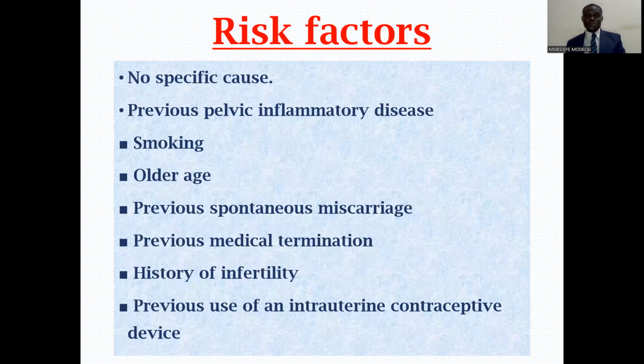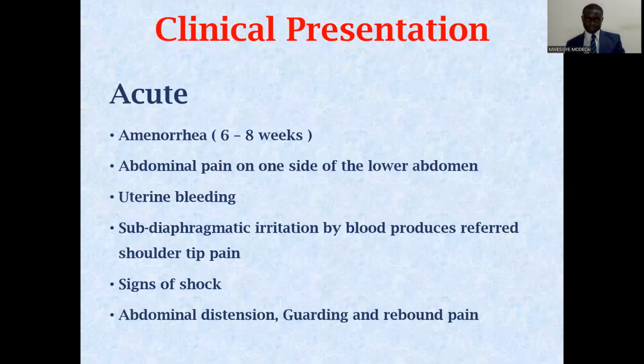Previous medical termination, history of infertility, and previous use of an intrauterine contraceptive device. For example, this intrauterine contraceptive device is a barrier, and it can block the products of conception so they don't reach the uterine cavity, and hence ectopic pregnancy.